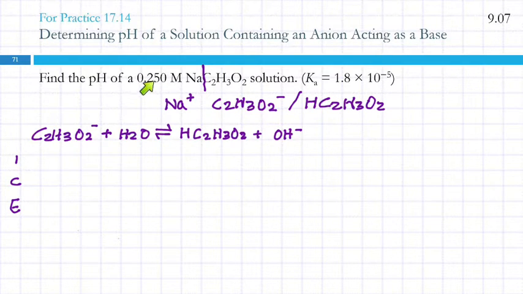0.250. That's the concentration of sodium acetate, but these guys separate, right? So 0.250. We don't care about water. What about the HC2H3O2? That's going to be 0. And the hydroxide? Essentially 0. Okay?